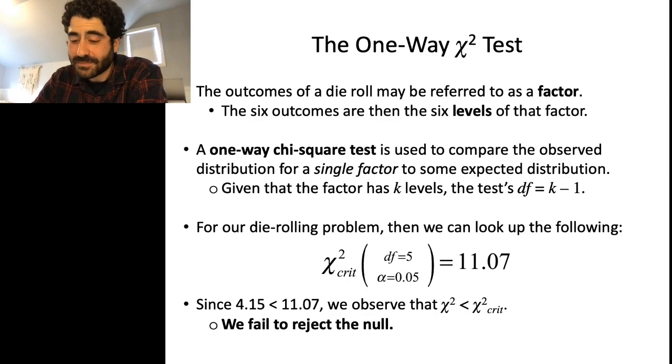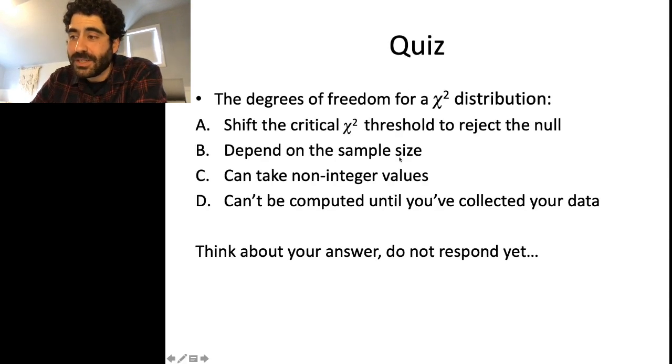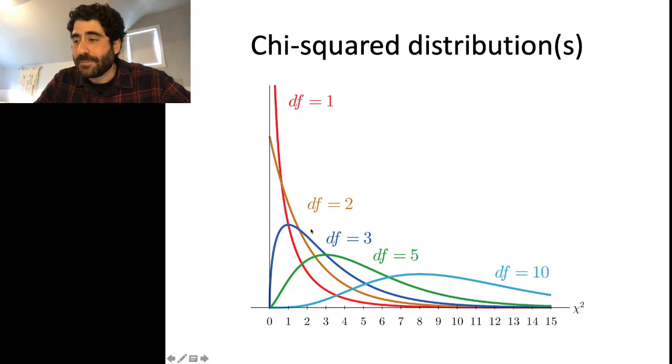So the degrees of freedom here are going to change our chi-squared threshold. If we look at these distributions, if we want to know how big a chi-squared statistic needs to be such that the area beyond that statistic under the curve is less than 0.05, that threshold is going to move as these degrees of freedom change.